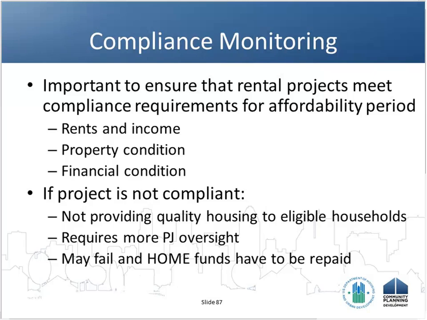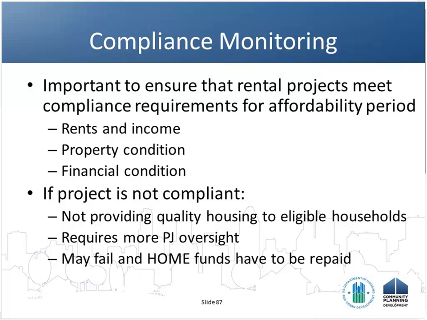And of course, failure to handle that may mean that we have a property that either ceases to function as affordable housing, or maybe because needed repairs have not been made, we have high vacancy rates. We might have a property that financially fails simply because we're not getting enough cash flow coming through. So the PJ needs to be very aware and have a protocol of actions that they will take.